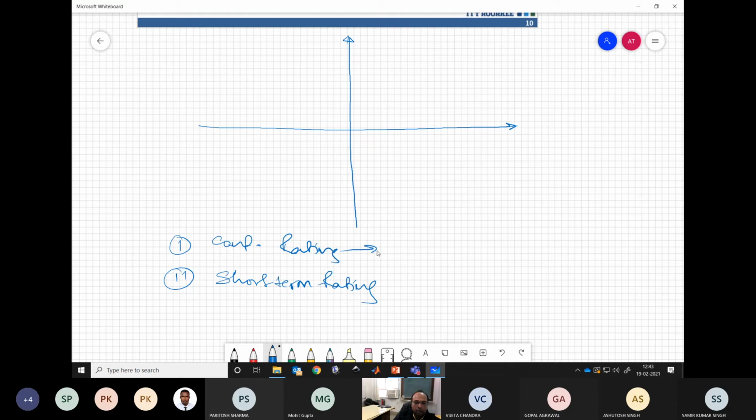Continuous rating refers to when we are running the system for a few hours, even over a day or so, and the system should still be reliable for this duration of operation, which means the temperature should not go very high and the performance should not degrade. Then we say this is a continuous rating. The short-term rating is meant for a few minutes of operation.